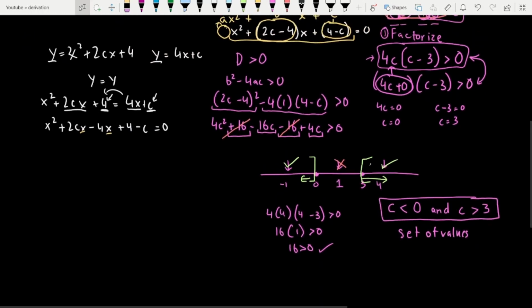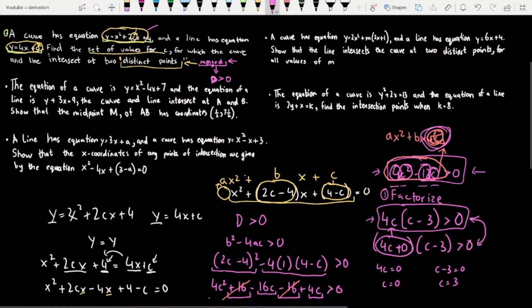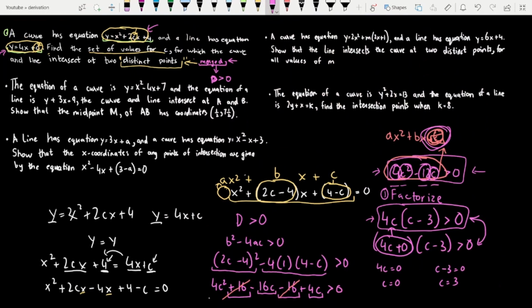And so this set of values, which includes anything that's below 0 and anything that's above 3, if you go and you put any of these values, let's say anything above 3, I choose that, so anything above 3 would be maybe 100. If I go ahead into those original equations, this one and this one, and instead of c I put the value 100, then the curve and the line are basically going to intersect at 2 distinct points.